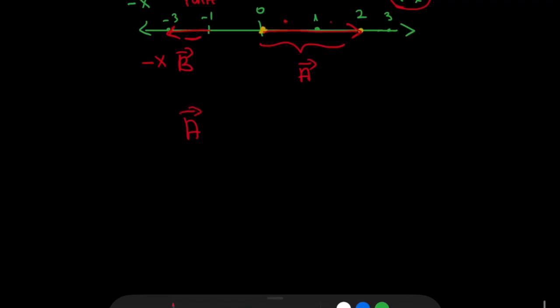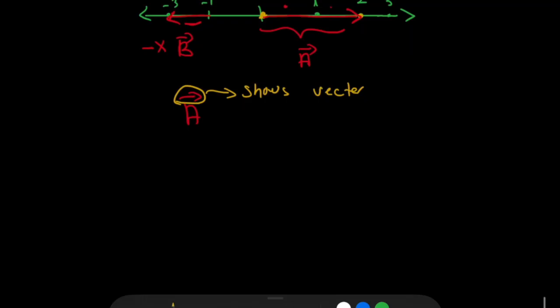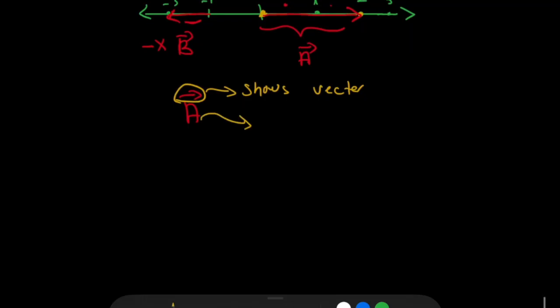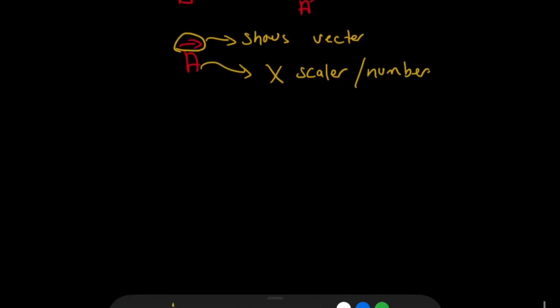Vector, if you see any arrow over any letter, this shows you it's a vector. It means that this is not equal to any scalar or numbers.